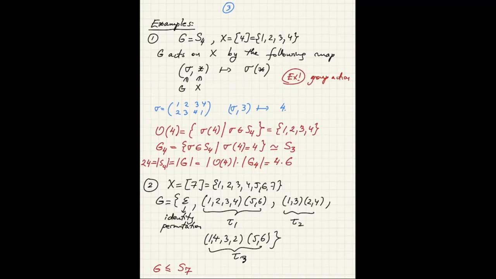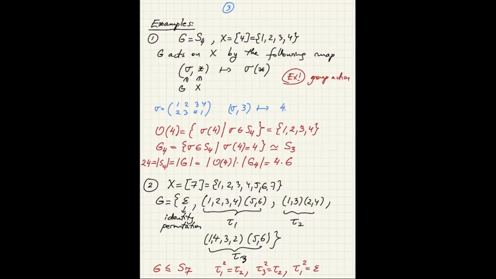Well, I'll leave it as an exercise for you to figure out that if you take the permutation tau 1 and you square it, we're going to get the permutation tau 2. And if you take the permutation tau 3 and you square it, you're going to get the permutation tau 2 again. Also, tau 1 is a product of 2 disjoint transpositions, so that's easy.